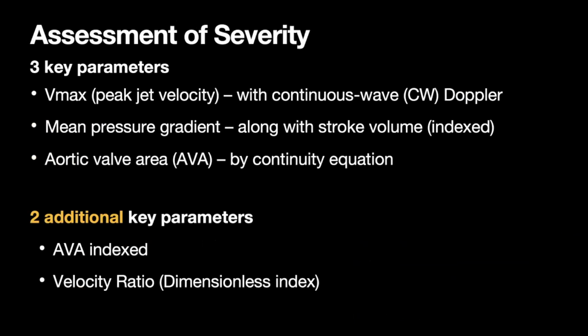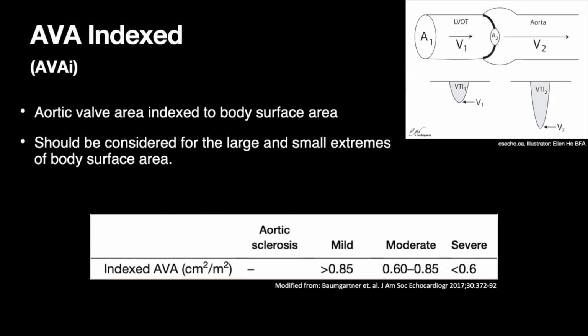There are 2 additional key parameters which I want to discuss with you today, including the aortic valve area indexed and the velocity ratio, also known as dimensionless index. So for your AVA index, very simply, you take your aortic valve area that we've already calculated and you index it to body surface area. This is particularly important at the larger and smaller extremes of body surface area, similar to the concept of patient prosthesis mismatch, which Taylor talked about in another presentation.